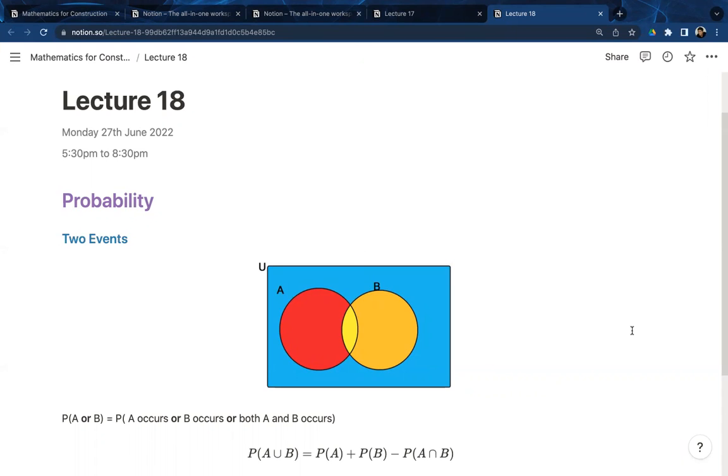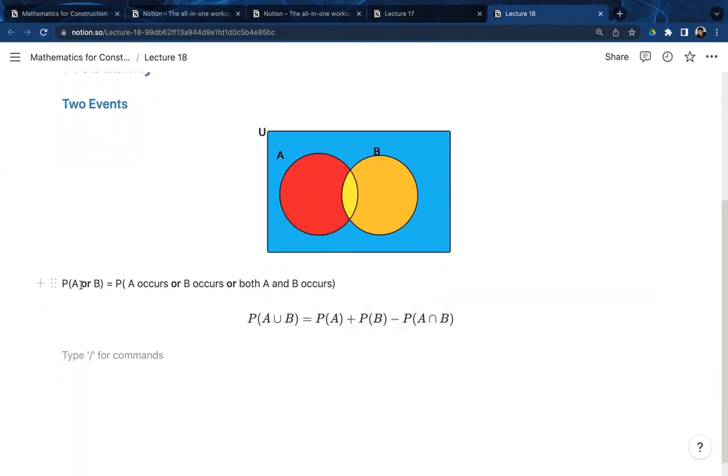So we want to use set theory. The idea is an intersection and union to figure out what these things mean. So if you have 2 events here and ask the question A or B, that really means everything inside the circles, okay? So that really means A occurs or B occurs or both of them occur.